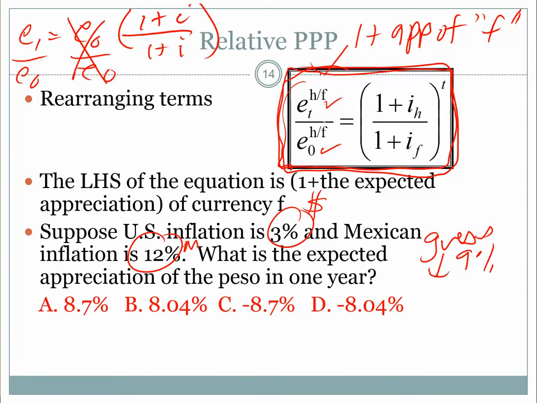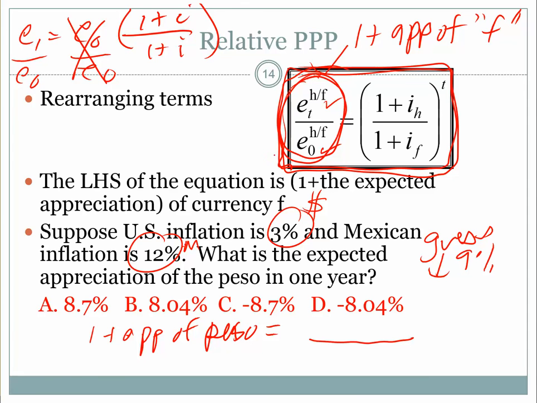Again, this left-hand side of the equation is 1 plus the expected appreciation. So 1 plus the appreciation of the peso is equal to now the ratio of inflation rates. Now here's the trick on this problem. Should I use dollar over peso or peso over dollar inflation rates? Well, to answer the question, 1 plus the expected appreciation of the peso, I want to do the price of a peso. So to represent the price of a peso, that would be dollar price of a peso.